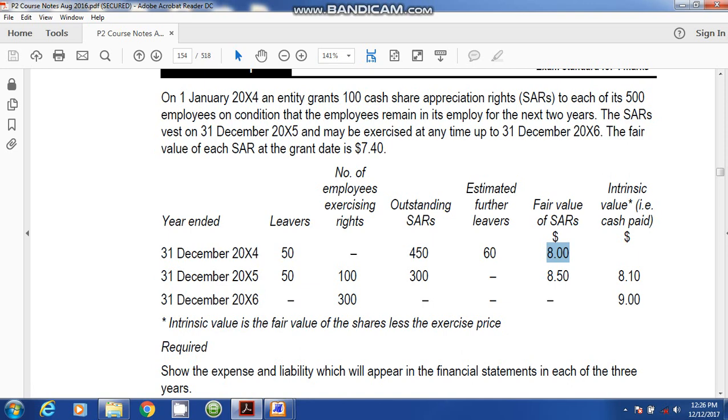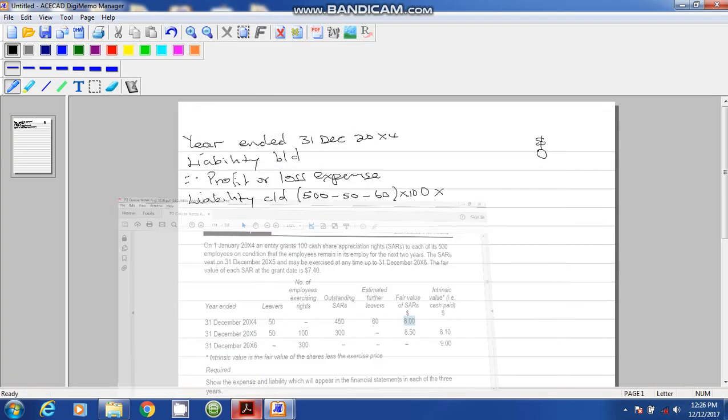Notice that for cash share appreciation rights, we use the fair value at the end of the year, whereas for equity settled, we use the fair value at grant date. Take note of that difference.